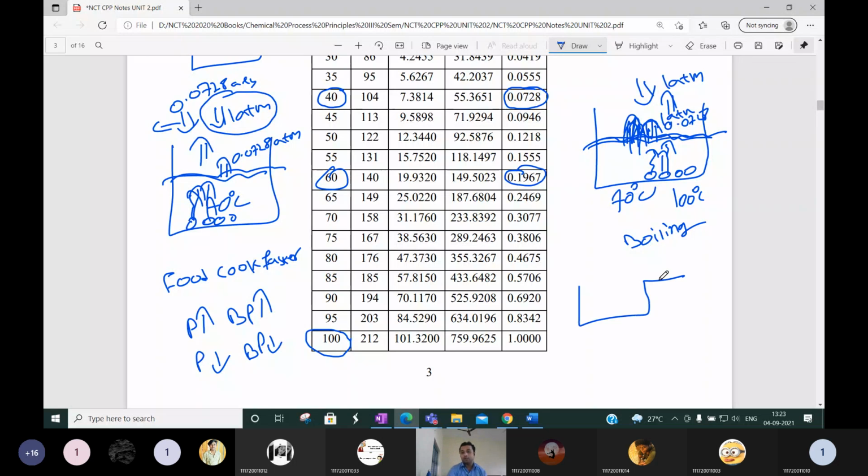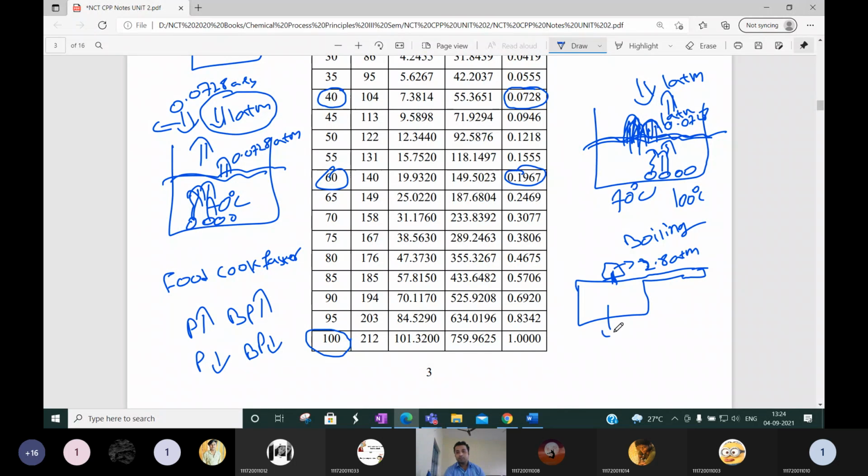So we are using a pressure cooker. Pressure cooker means what? I told you we are using certain pressure here. This pressure is generally 2.8 atmosphere something we are using, exact figure I don't know. This 2.8 atmosphere means what? We are using more pressure. More pressure means what?